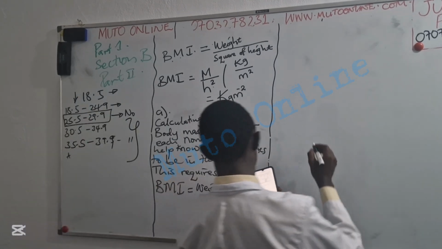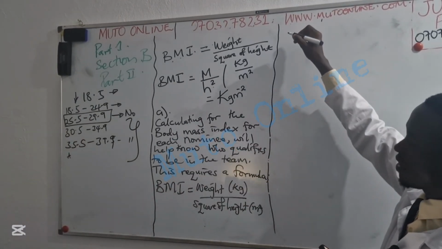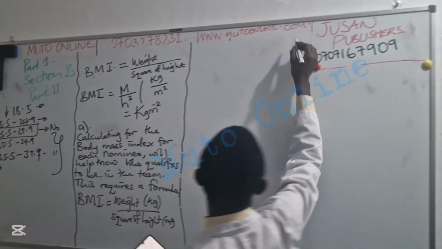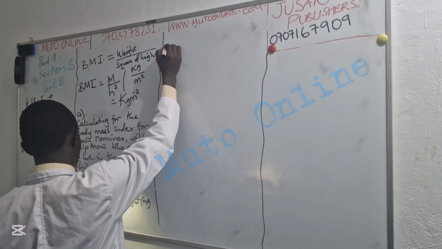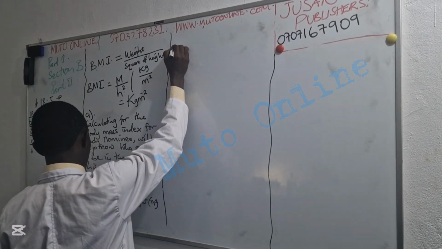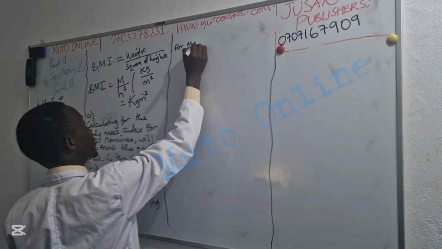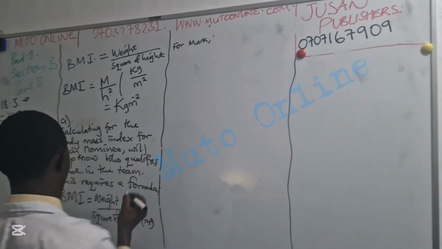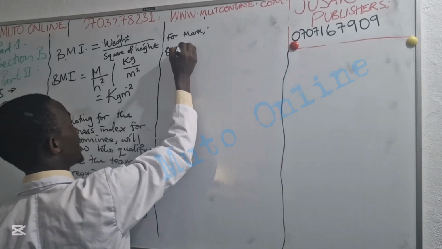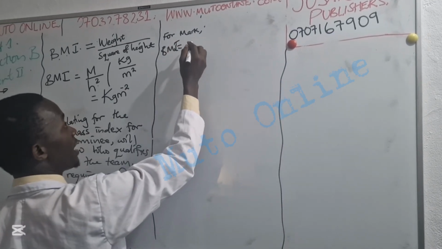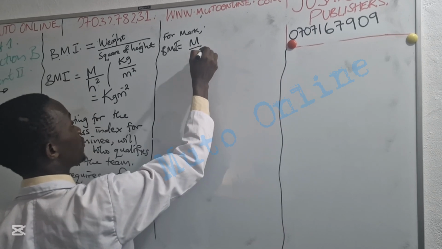That means we shall be using this alone to help us calculate for each and every nominee. So we have the first nominee as Mark. We already have the formula now. The BMI is given as the mass over the height squared.